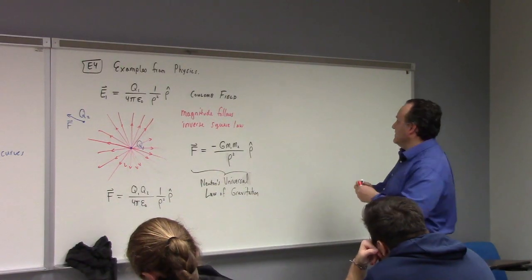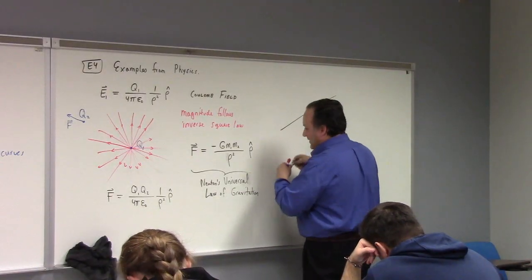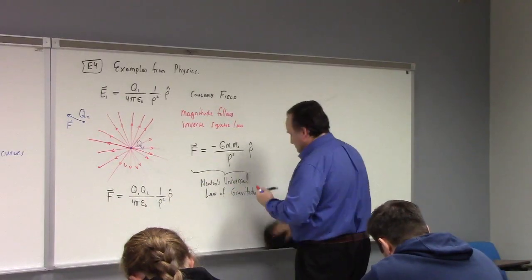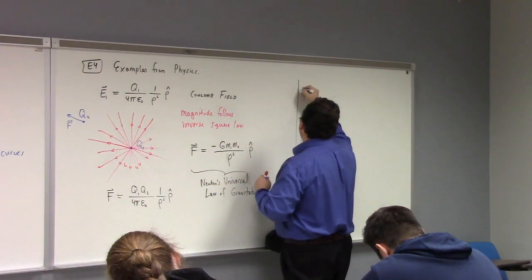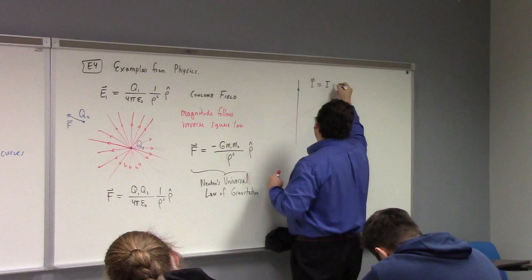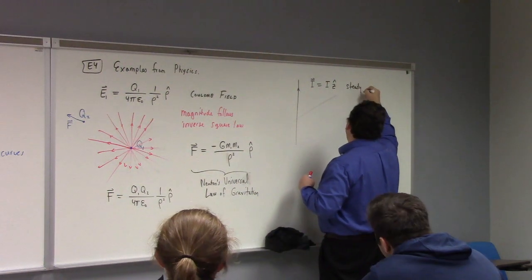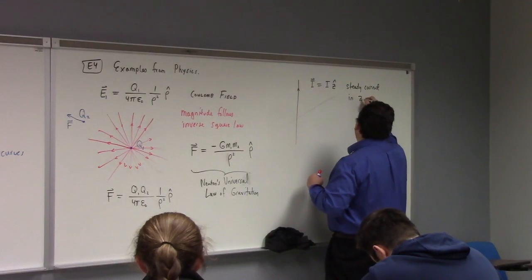Another important example from physics: if you have a long, steady current I, equal to I z hat, so this is a steady current in the z hat direction.